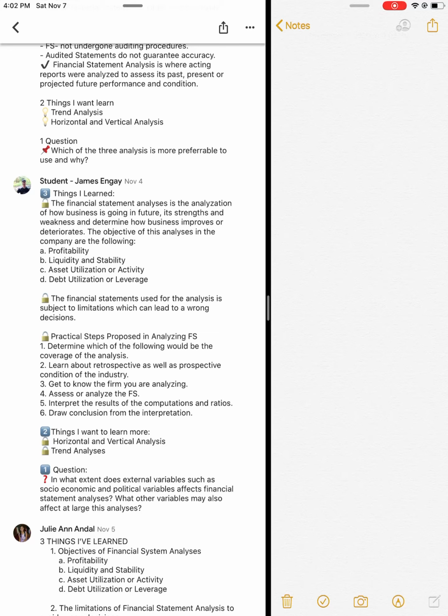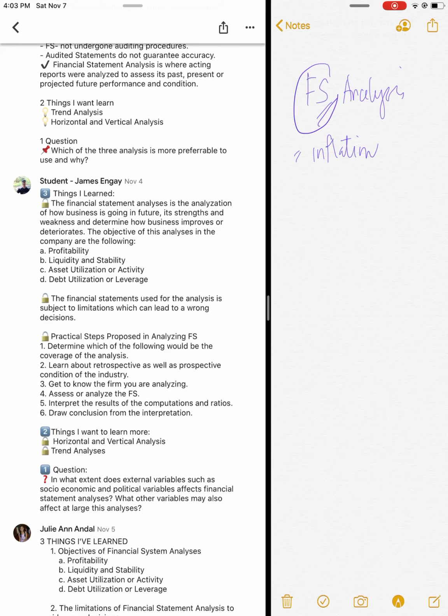Okay, so I guess the context of the question lies on what are the other factors affecting your analysis of financial statements. Okay, meaning when you have FS analysis, what you simply analyze is the financial statements. Okay? But other factors could affect your analysis of your financial statements. What other factors are we talking about?